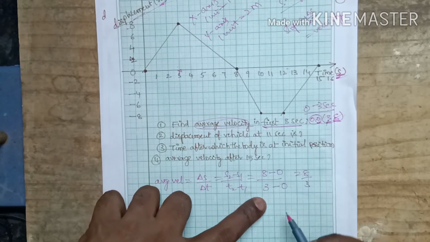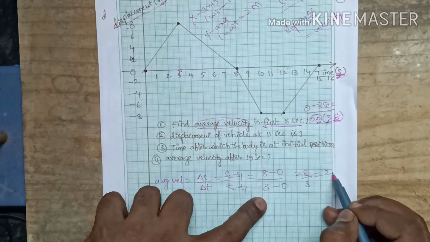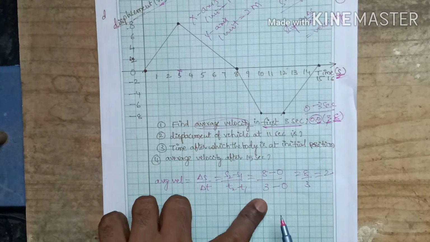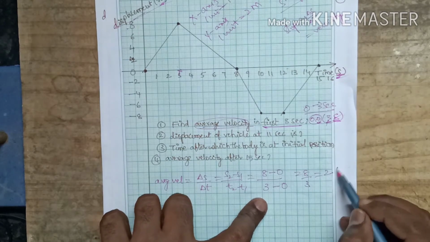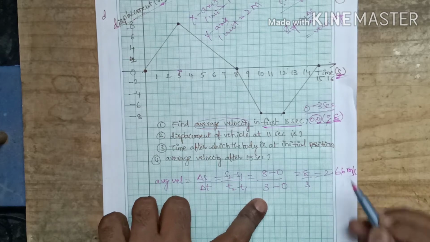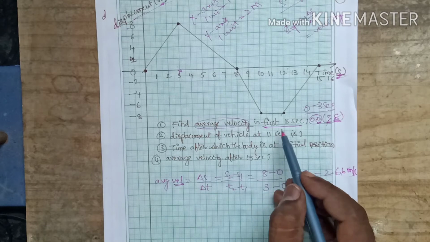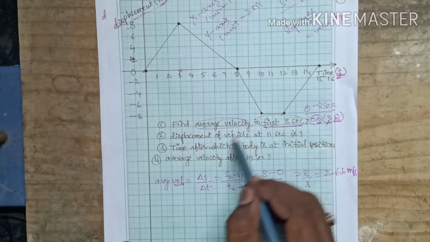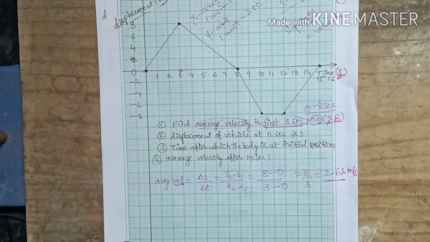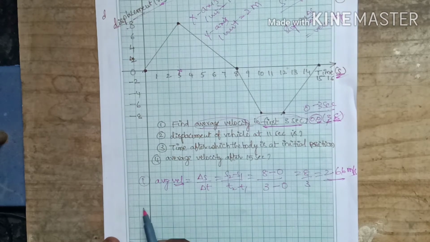Now this becomes 8 by 3. 3 twos are 6, remaining is 2, so 2.66 meters per second. So the average velocity of the body in the first 3 seconds is 2.66 meters per second. This is the first question.